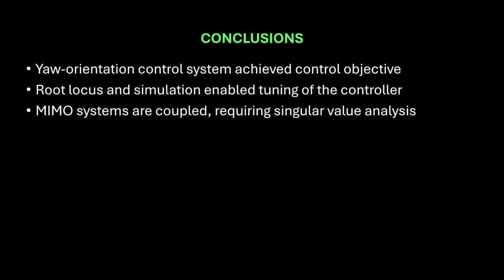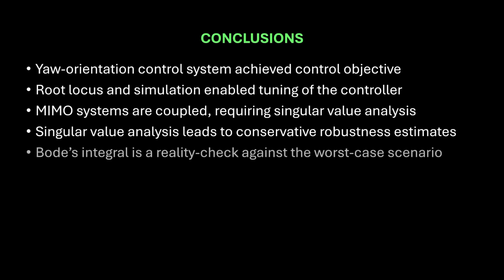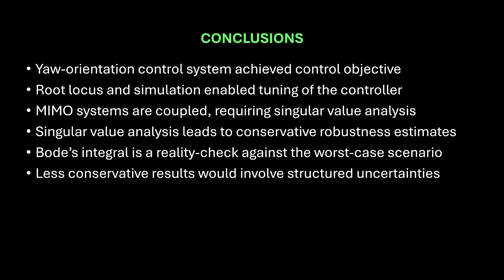As a MIMO system, everything was coupled and required singular value analysis. Bode's integral was a reality check against worst-case sensitivity that the stability margins were based on. A less conservative analysis would involve structured uncertainties, and these are arguably more realistic.